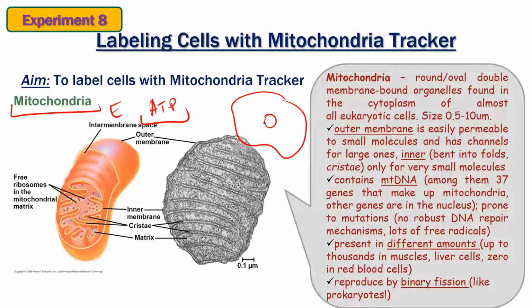It is thought that at some point in the evolution of our eukaryotic cells, we actually tried to digest one type of prokaryotes, but we couldn't. And it actually led to the creation of this mutually beneficial interaction.